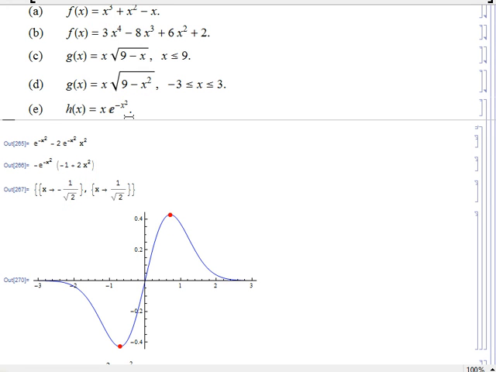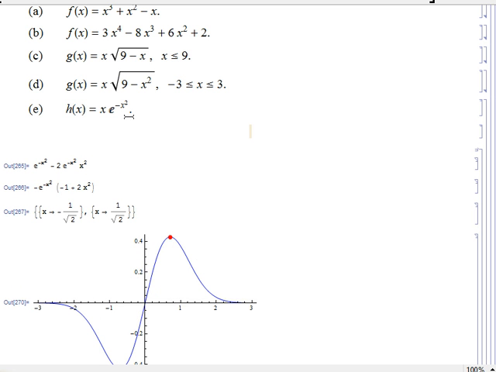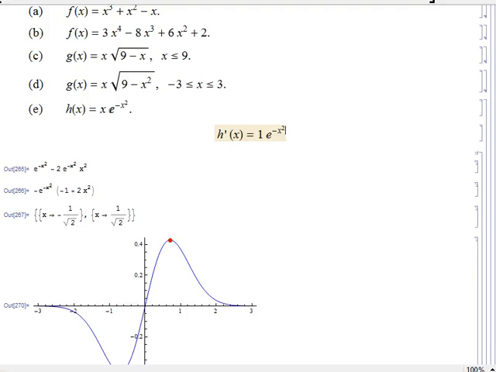But with your handheld calculator, it's difficult to find out. You'll have to do something like this. H prime of x, use product rule to calculate. Derivative of first function is 1 times e to the negative x squared, plus first function times derivative of second function times derivative of the inside.